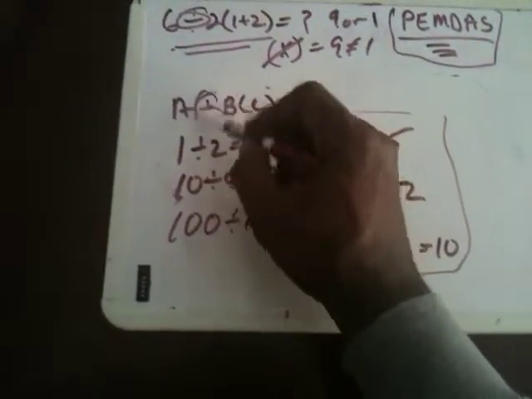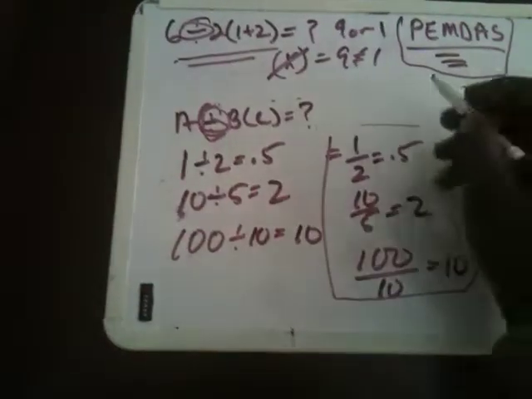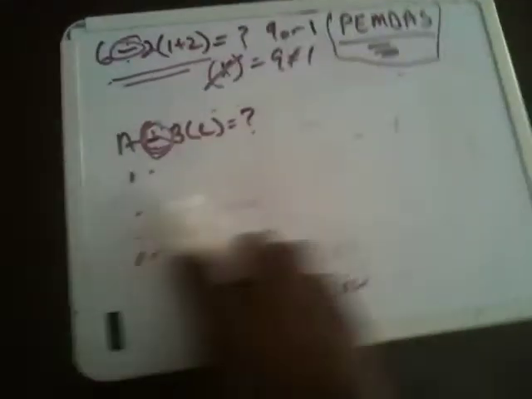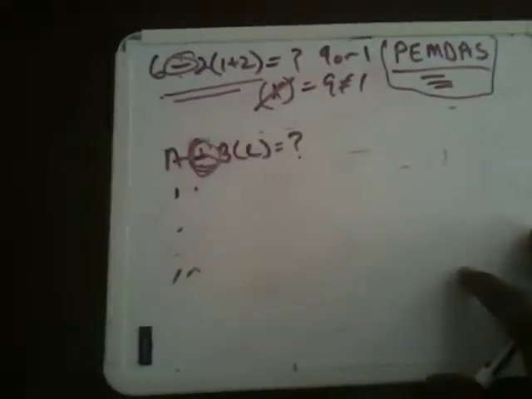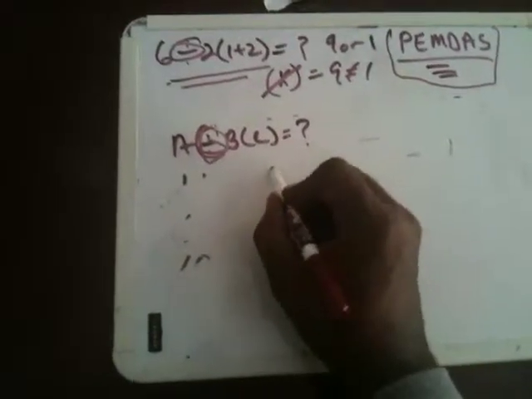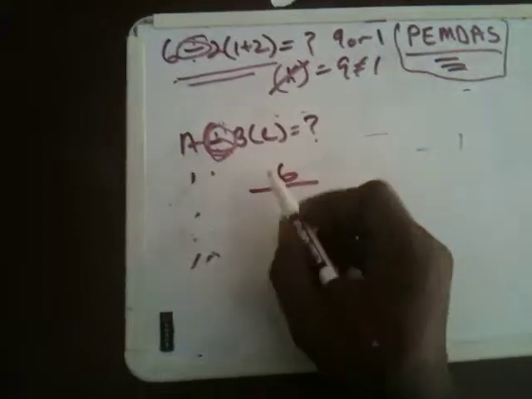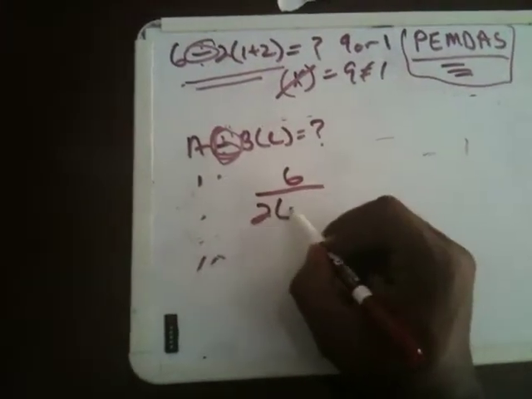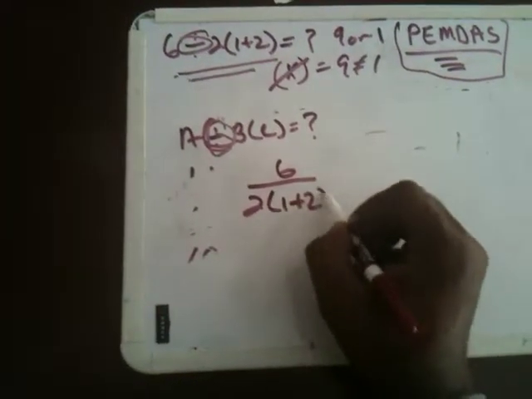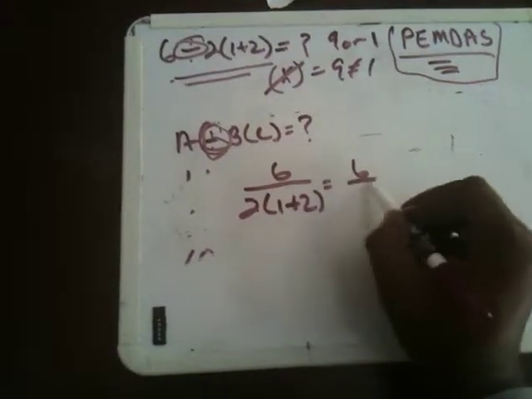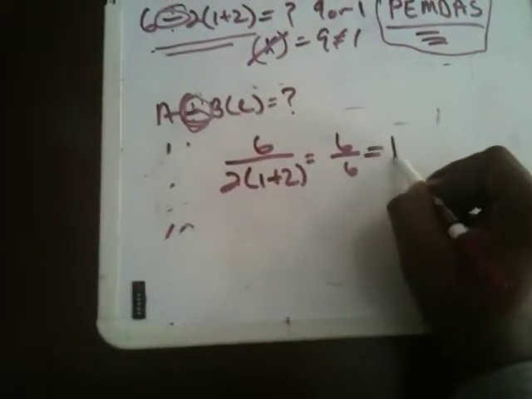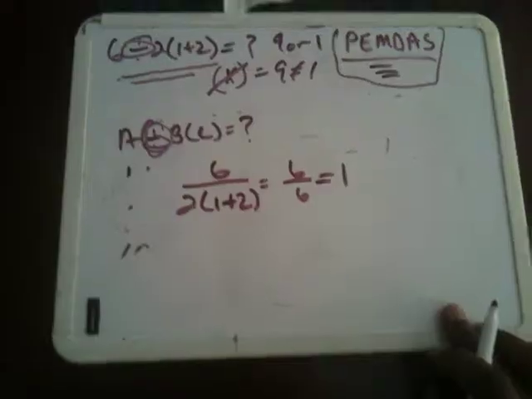So when you see this divide sign, you can almost rewrite our equation in a simple, basic way to get a more accurate answer, which is 6 divided by the unit 1 plus 2 is equal to 6 over 6 is equal to 1. Another way to look at this problem is this.